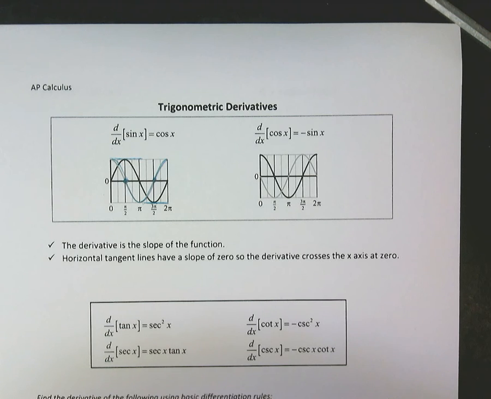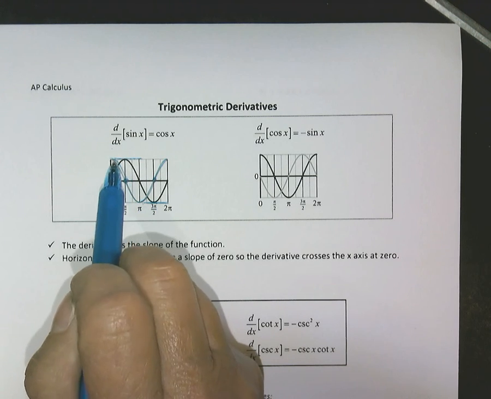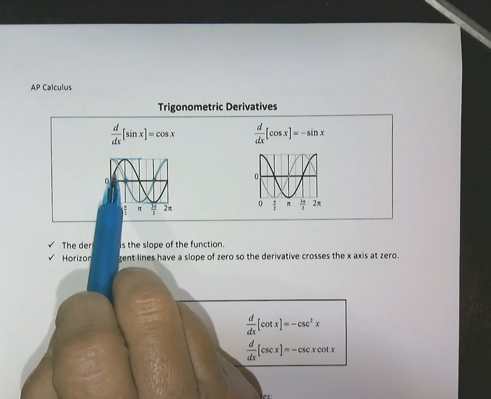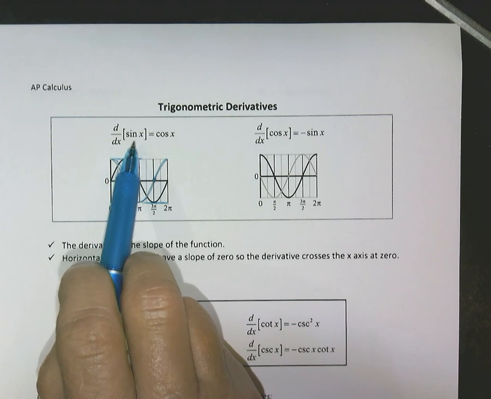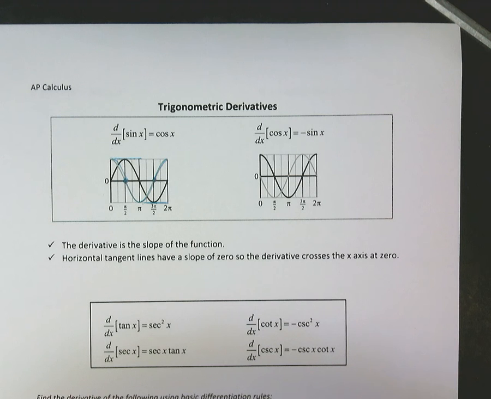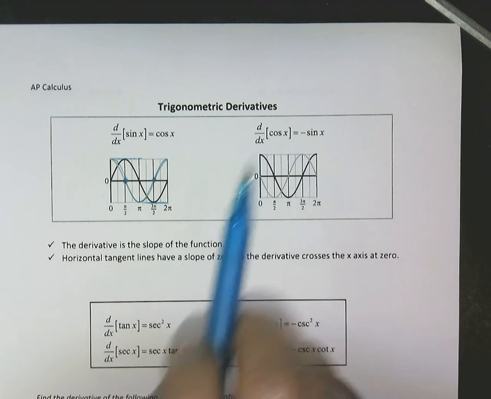So when you graph the derivative of this sine function, here's the sine function, here's the derivative, it actually becomes the cosine function. So the derivative of sine is equal to cosine. I like showing that. I think that's neat. Same thing happens over here with the cosine, the derivative of the cosine.